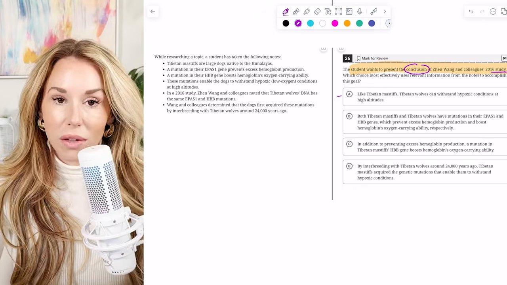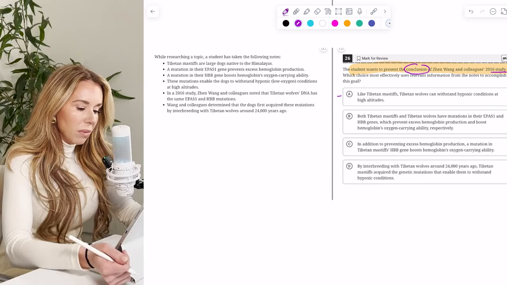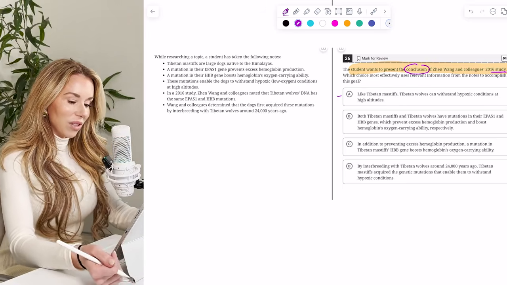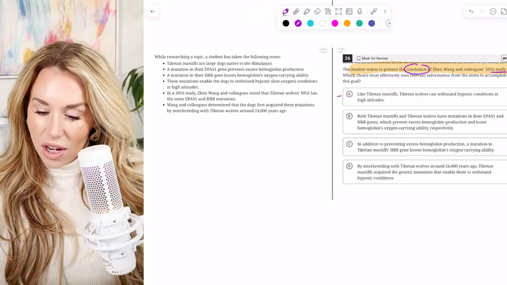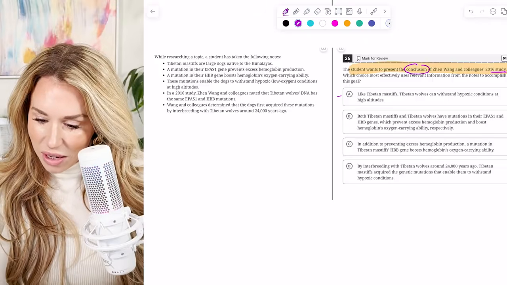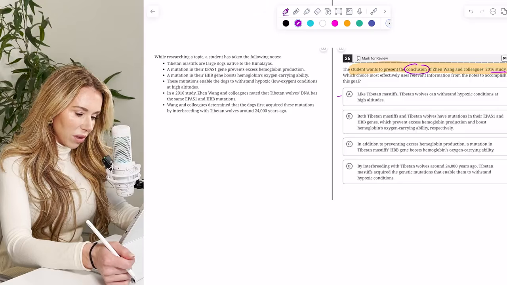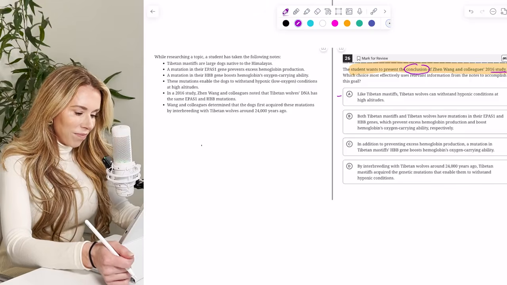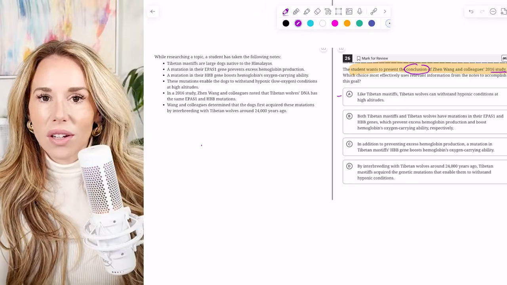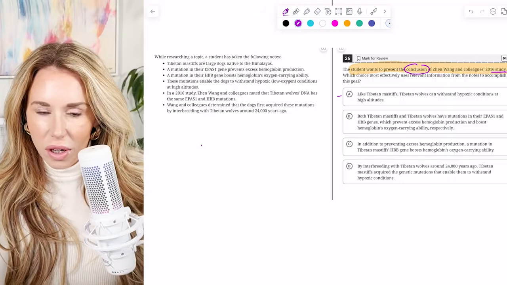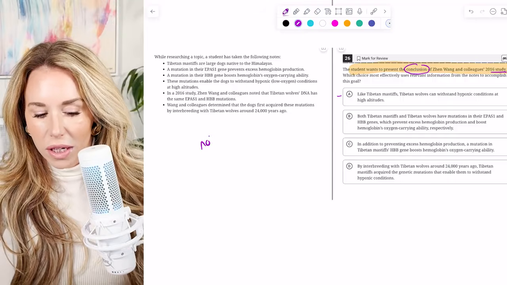Well, that sounds like it could be a conclusion. B, both Tibetan Mastiffs and Tibetan wolves have mutations in their genes, which prevent excess hemoglobin production and boost hemoglobin's oxygen carrying ability, respectively. Okay, I'm already starting to go, I'm not really sure what their conclusion is. So this is one where we're going to need the notes.